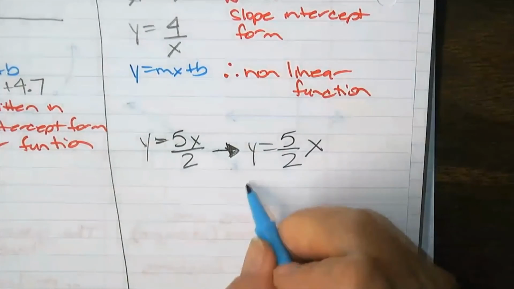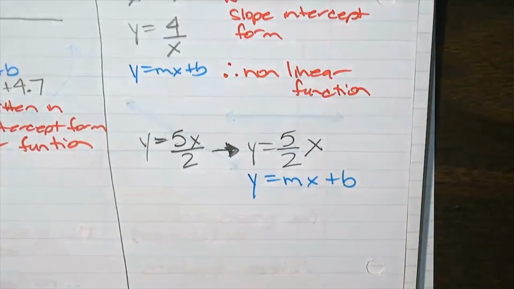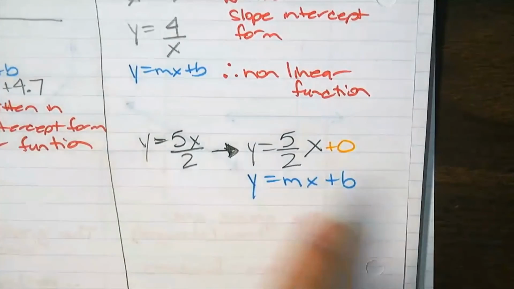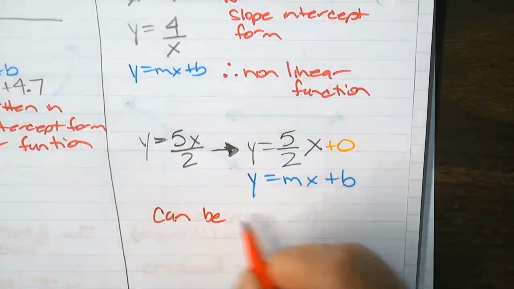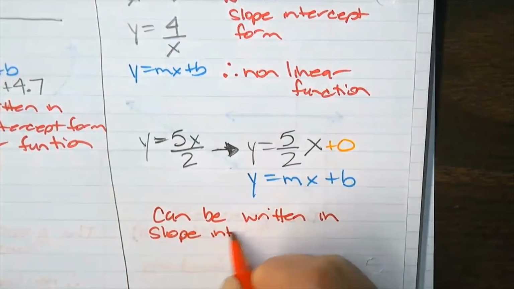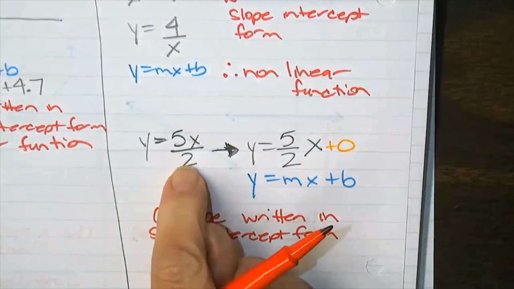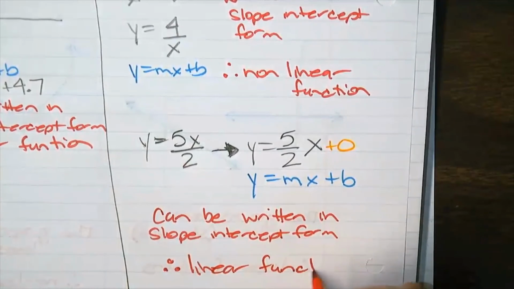Is this now written in slope-intercept form? Yeah, because that plus b, plus 0, is invisible. This is written in slope-intercept form. This can be written in slope-intercept form. Therefore, this is a linear function.